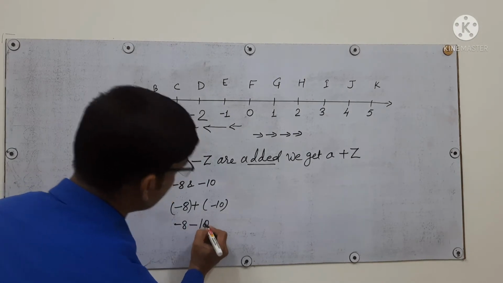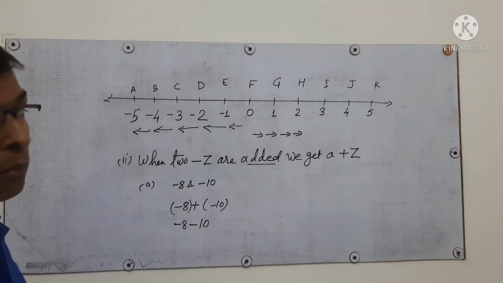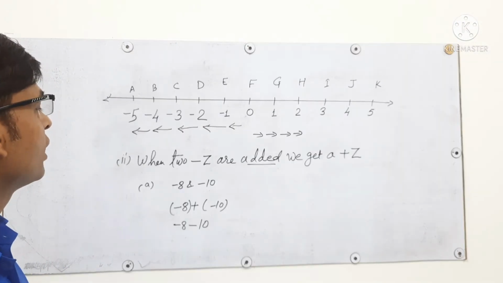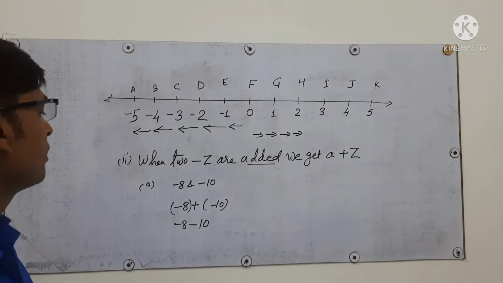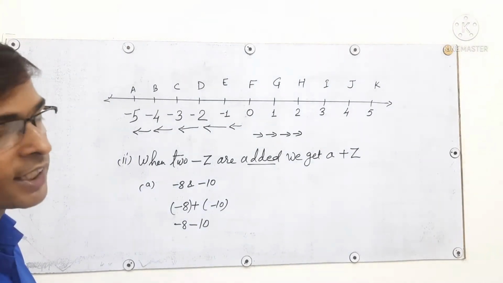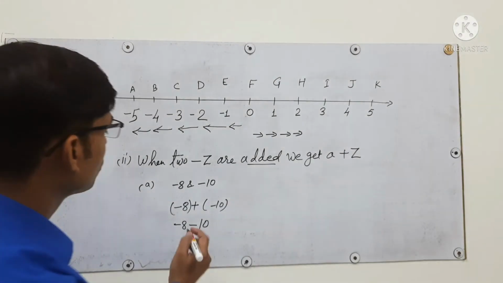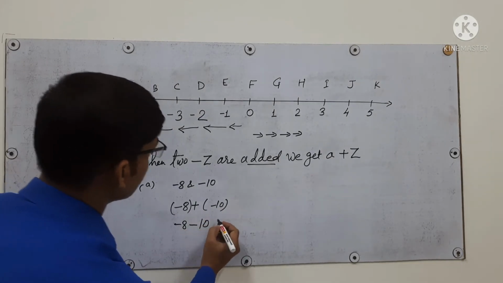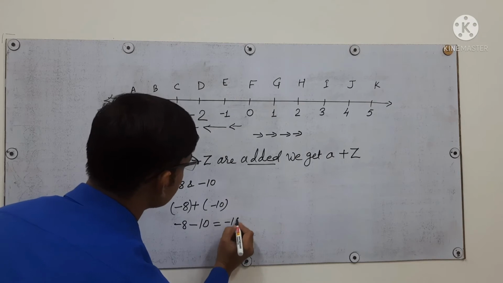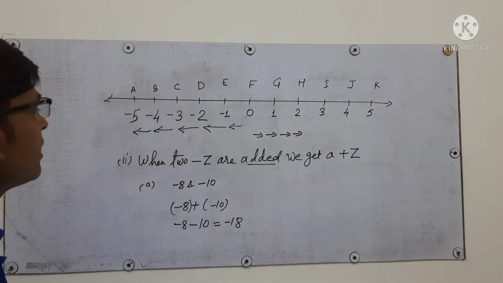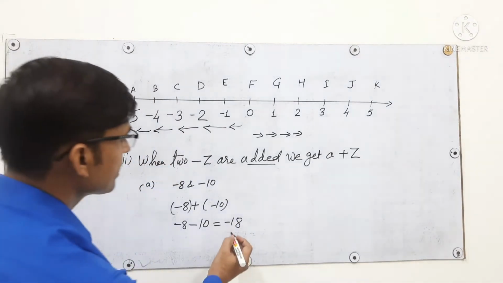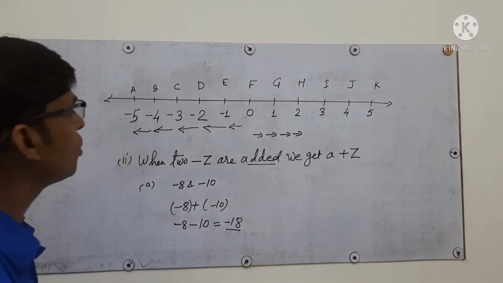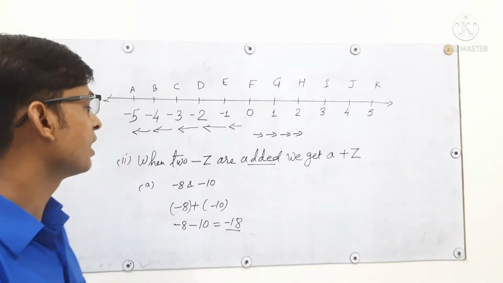I told you in my previous lecture, in the multiplication rule, that when different signs are multiplied, we always get negative. So here plus and minus will be negative. So -8 and -10, the answer will be -18. That is a negative integer. -18 is a negative integer. So this statement becomes incorrect.